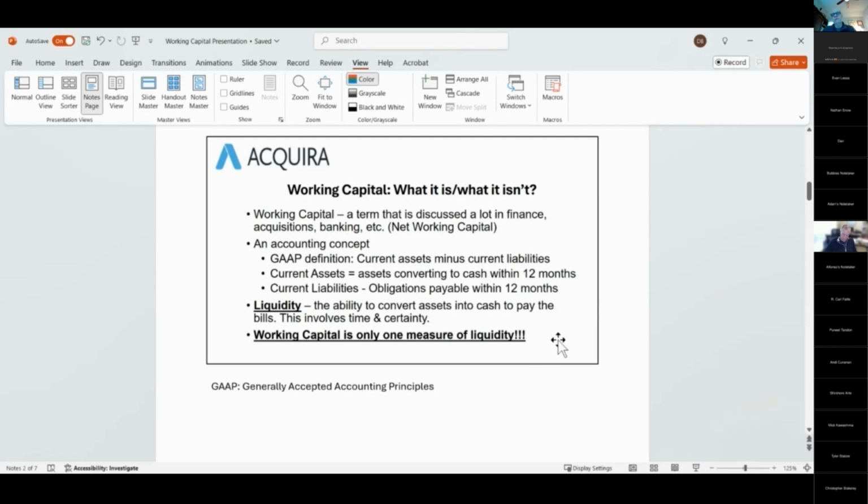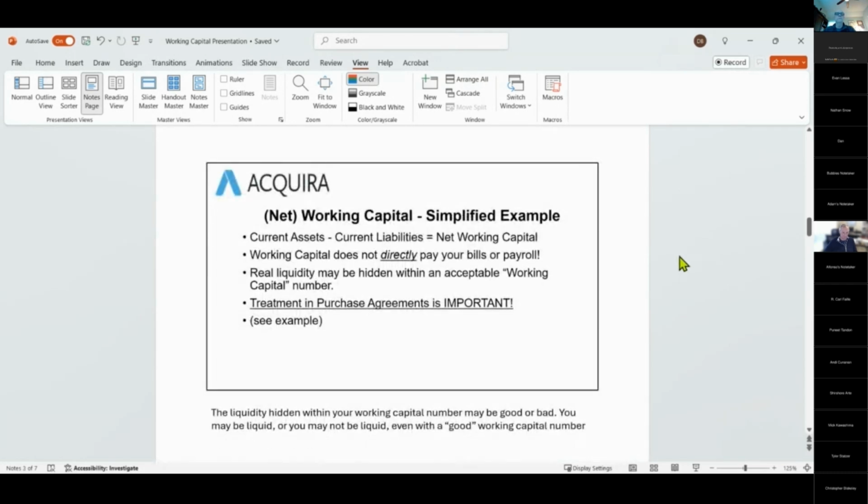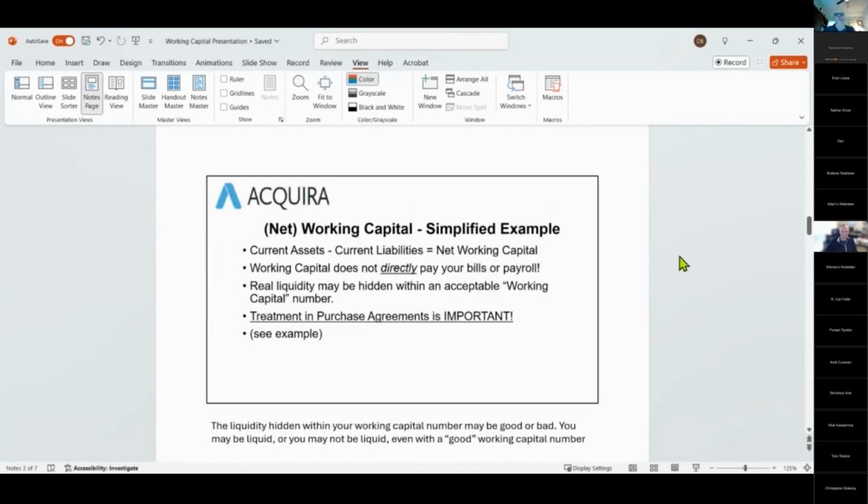Working capital is only one measure of liquidity, and we tend to talk about it as if it's the only one, and it's not. So net working capital, I'm going to give you a simplified example in just a minute. Current assets minus current liabilities actually equal net working capital.